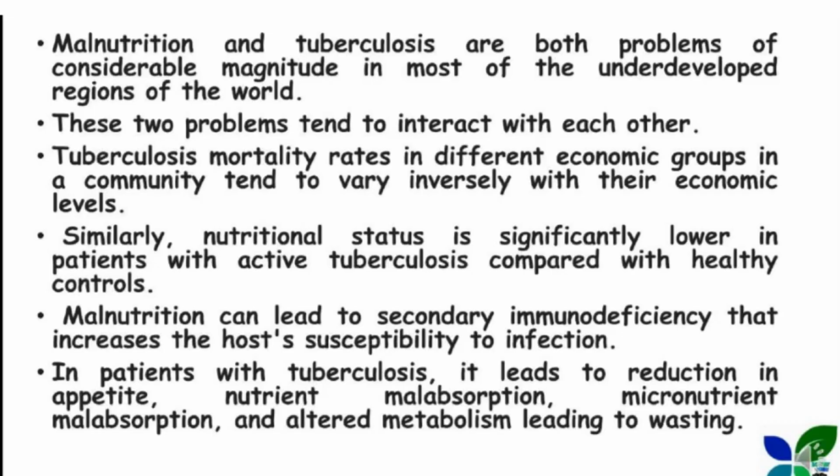Malnutrition can lead to secondary immunodeficiency that increases the host's susceptibility to infection. In patients with tuberculosis, it leads to reduction in appetite, nutrient malabsorption, micronutrient malabsorption, and altered metabolism, leading to wasting.